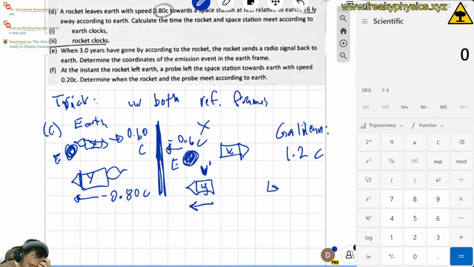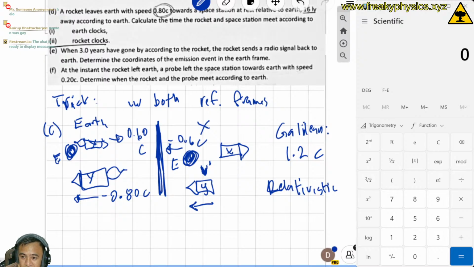So how about Einstein? How about relativistic? How do we do it? We use the Lorentz factor in this case. What's the equation that we can use here? Hold on, I'll just double check that I am looking at the correct equation.